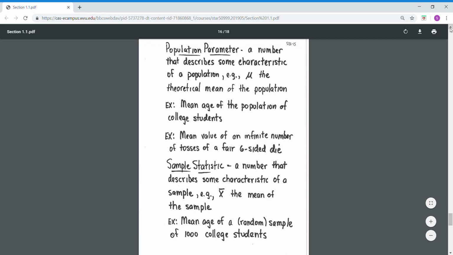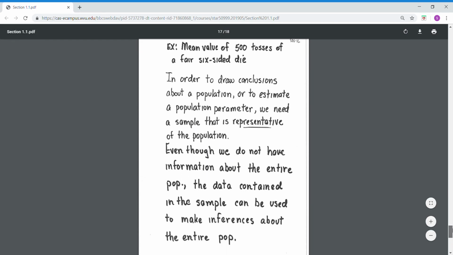For example, the mean age of a random sample of 1,000 college students. That would be an example of a statistic. Another example would be the mean value of 500 tosses of a fair six-sided die.